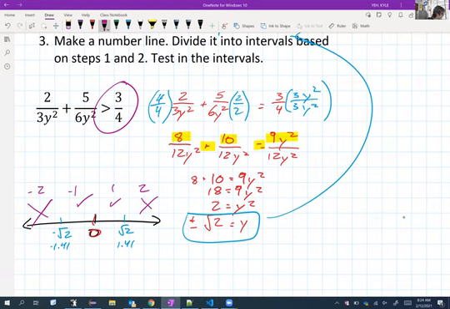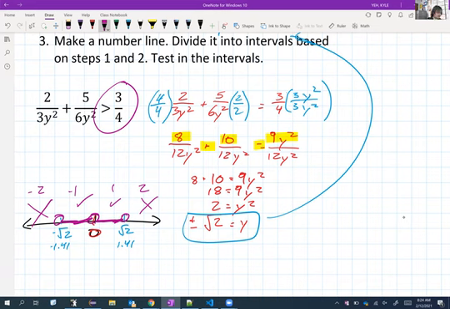So what is my final answer? It was just greater than, so I know there's an open dot here. There's an open dot here because it was undefined, and an open dot because it was just greater than.